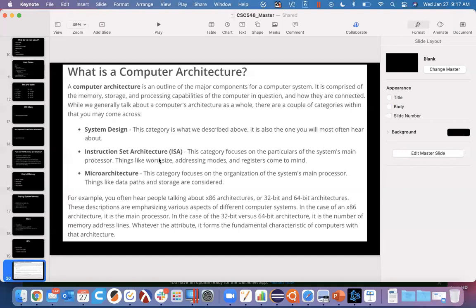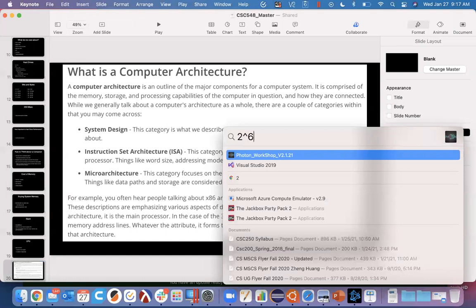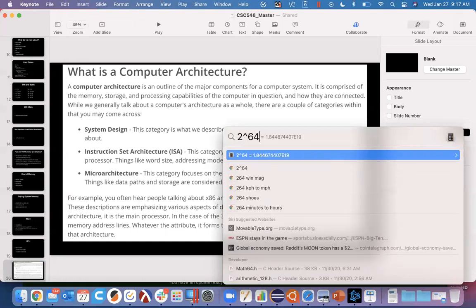If you have a 16-bit or a 32-bit or a 64-bit CPU, that does have something to do with the total number of instructions that are possible. If we make the assumption that in modern computer architecture a 64-bit CPU would imply a total of 2 to the 64th, which is a big number, unique instructions.